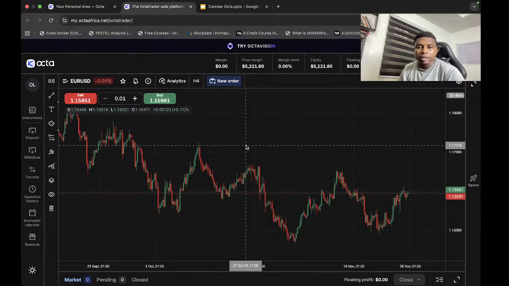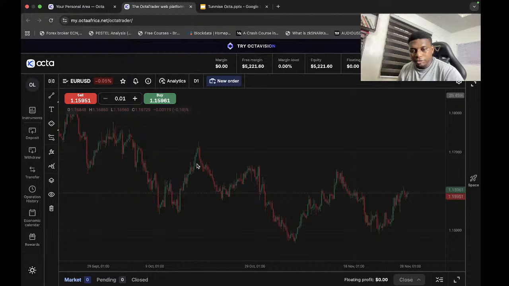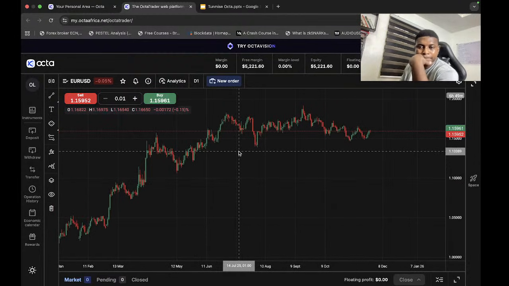So now this is EURUSD. I'm going to go to the daily time frame. So here is the daily time frame.